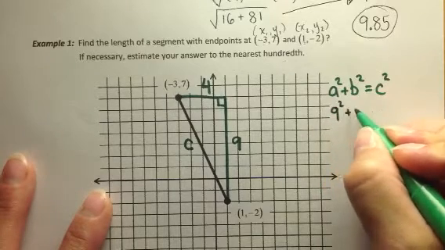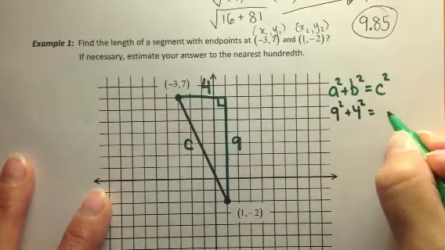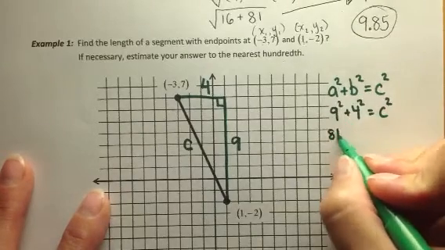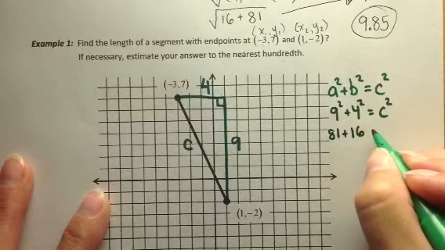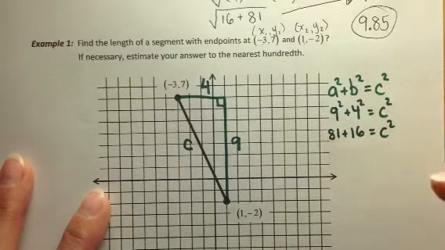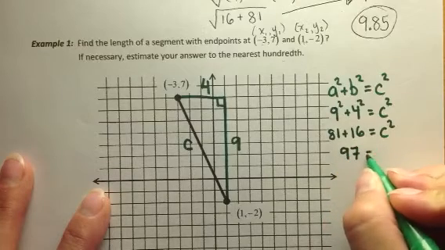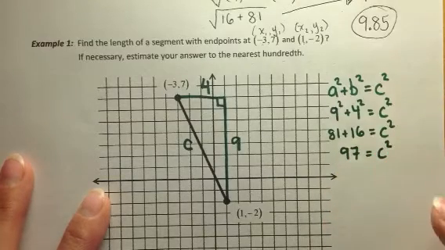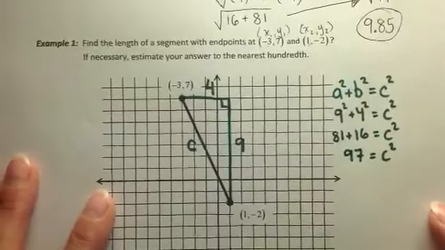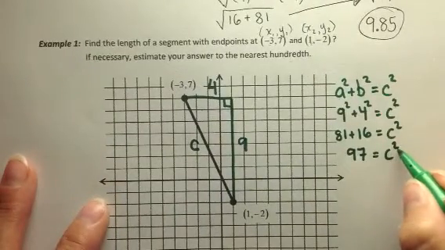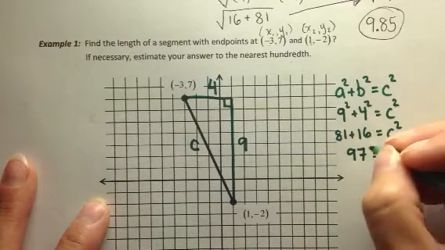9 squared plus 4 squared equals C squared. This is 81 plus 16 equals C squared. I add them and I get 97 equals C squared. And I have one more step to do to solve this. I need to do the opposite of squaring, which is square rooting.